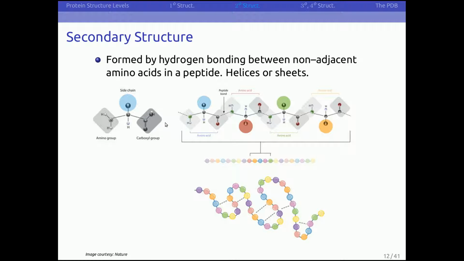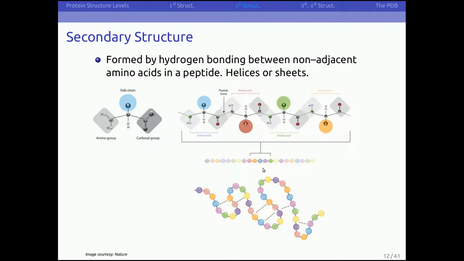Okay, and here it is shown in a peptide. So here's the peptide bond. This is the next peptide bond. This is the next peptide bond. So we have 4 amino acids here denoted by 4 different R groups. Okay, and they form part of the structure. So part of this peptide is formed of these 4 amino acids.